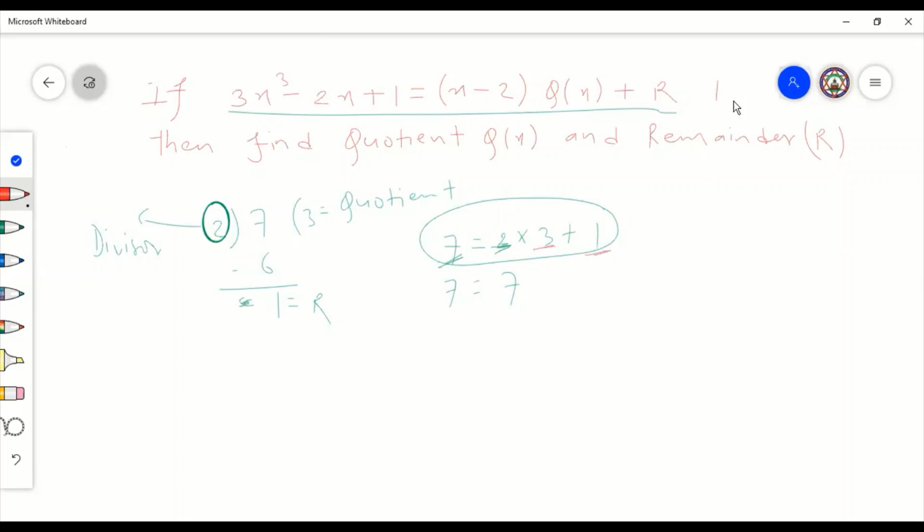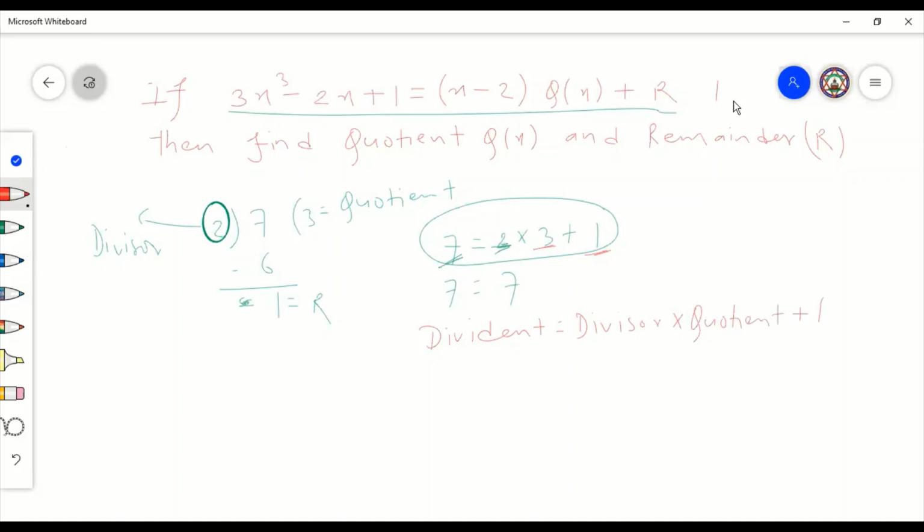So by using this one over here, we can mention that one formula over here. So now that's a dividend. Dividend equals to divisor into quotient plus remainder.